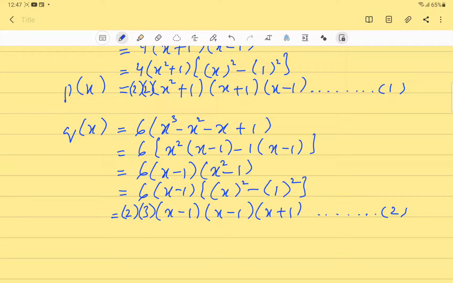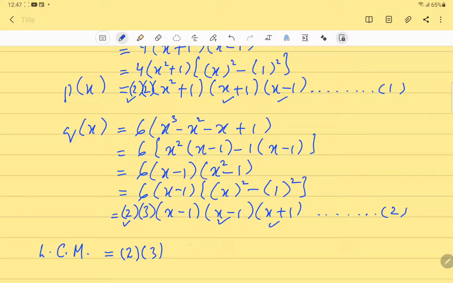Okay, now we will write the LCM, and we will follow the same rule. First we will write the common factors. What are the common factors? 2 is common, then x plus 1 is common, and x minus 1 is common. So we are writing 2, then we are writing 3.